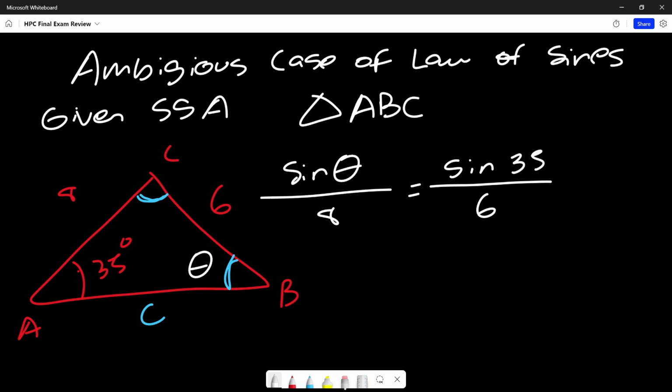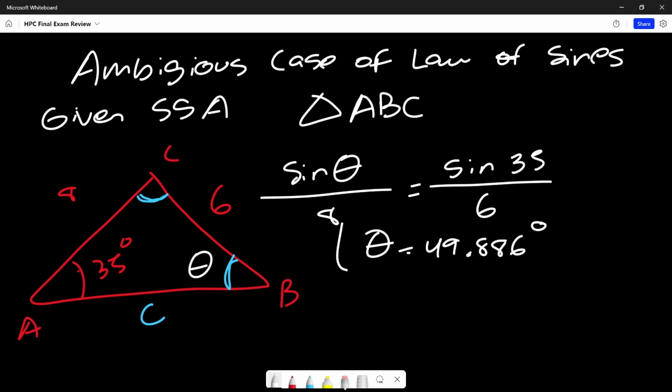If you get your calculator and plug that in, first you'll do 8 times sine 35, then divide that number by 6, and then do arc sine of that, and that should give you 49.886 degrees. So we're saying theta is 49.886 degrees.